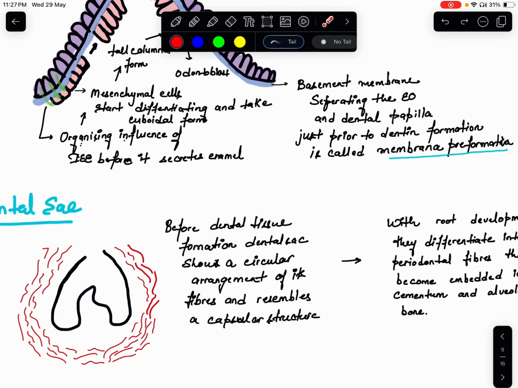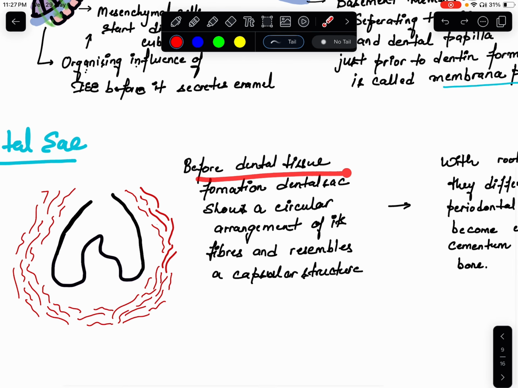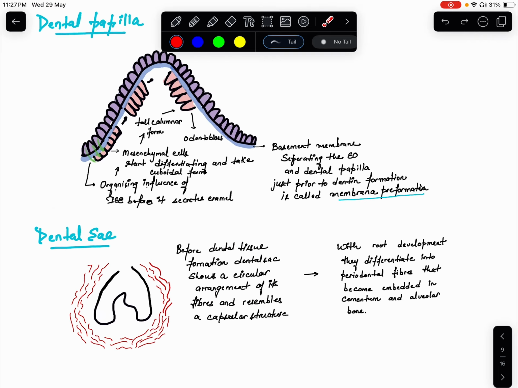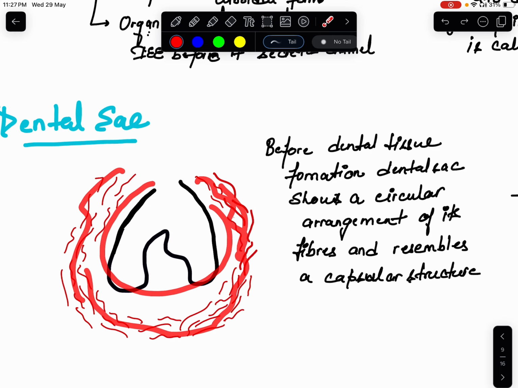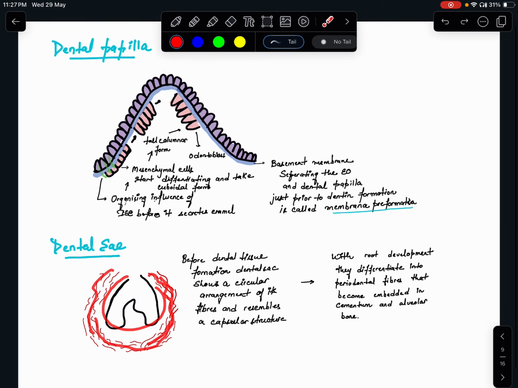Now the dental sac. Before dental tissue formation, the dental sac shows a circular arrangement of its fibers and resembles a capsular structure. In the cap stage, we saw that it was showing condensation of the fibers. So the dental sac basically forms a capsular structure around the enamel organ, with a very dense arrangement of fibers around it.